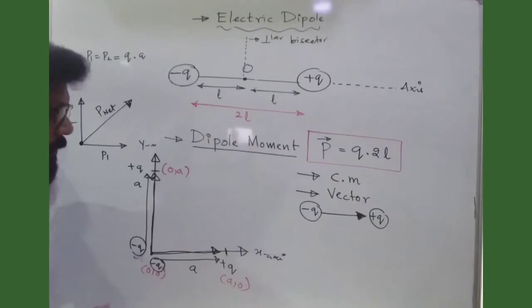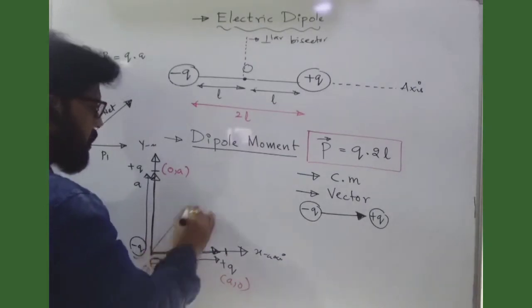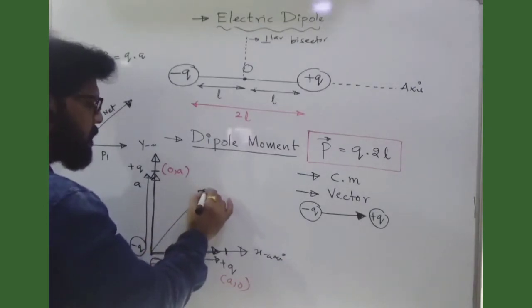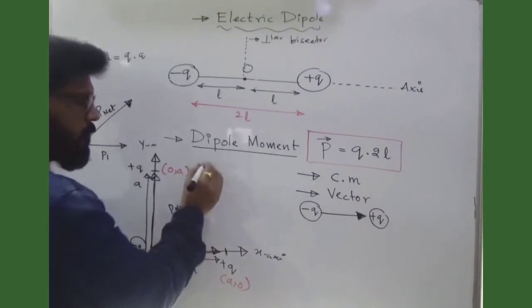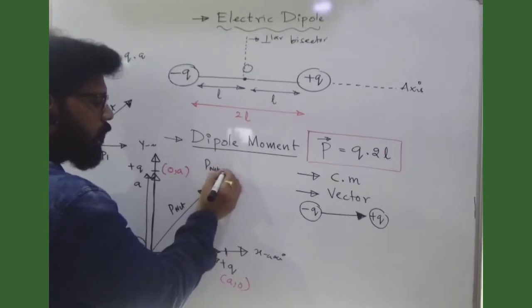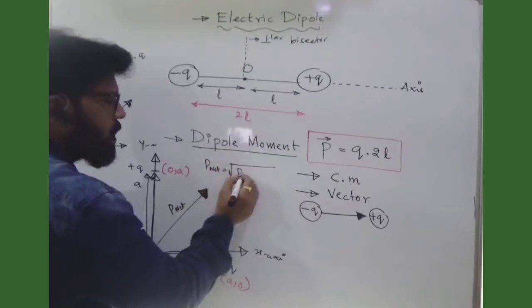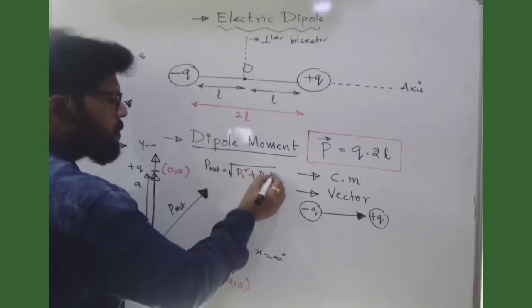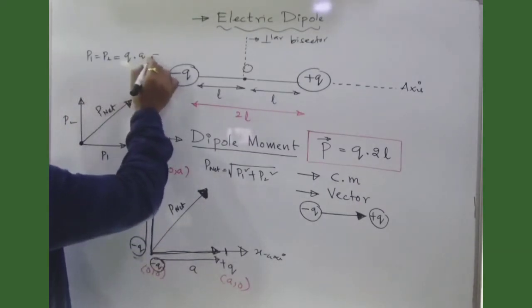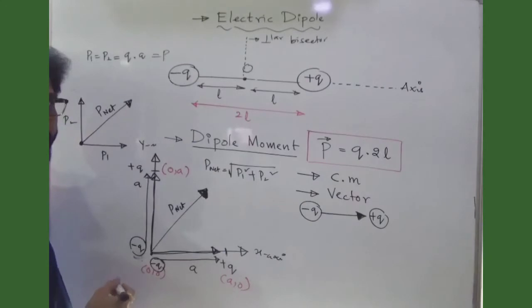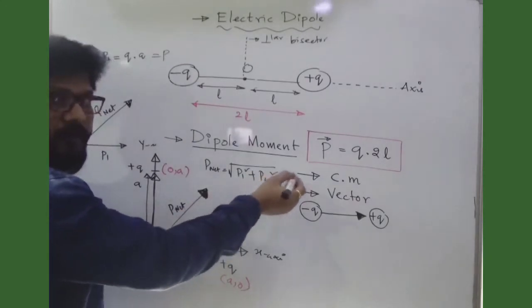How to calculate the net dipole moment? P net equals the square root of P1 squared plus P2 squared plus 2 P1 P2 cos theta.